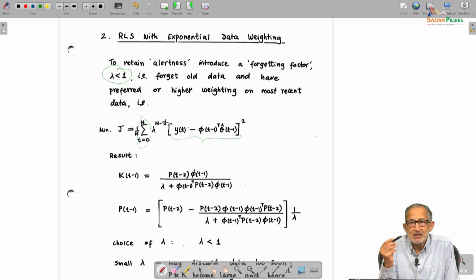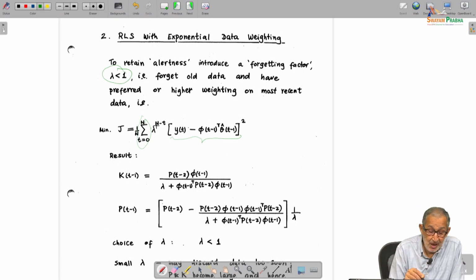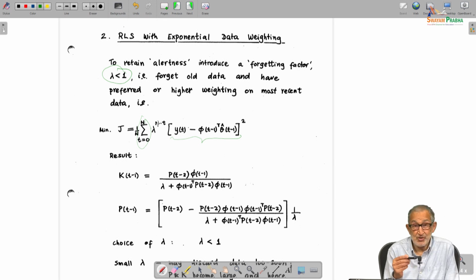Remember, lambda is a number less than 1. So when n is large, in the beginning t is a small number, n is large. So lambda, a number less than 1, to the power a large number, will quickly become very small.